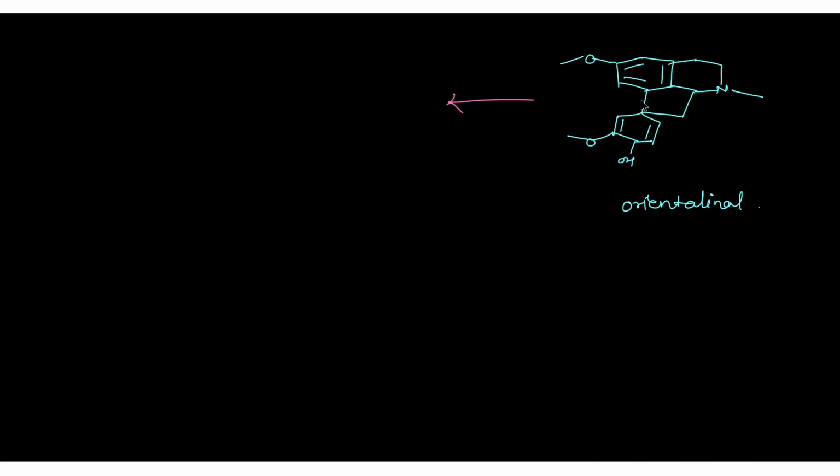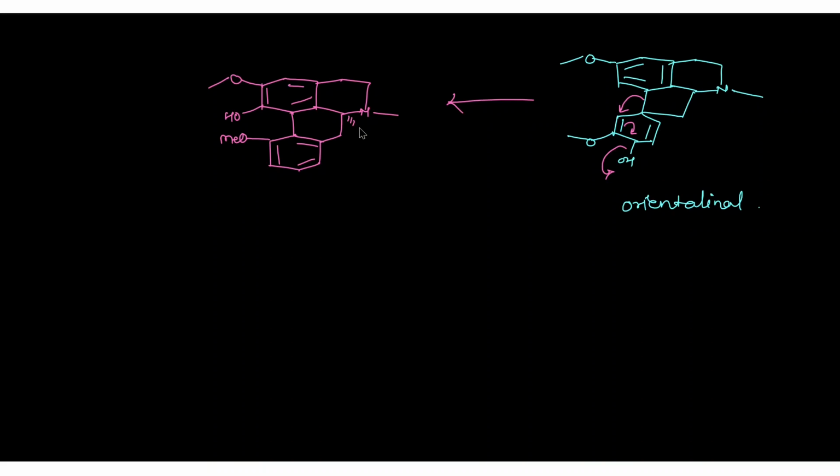In next step, ring expansion takes place, loss of leaving group and we get isothebaine as a product. This is known as S-isothebaine.